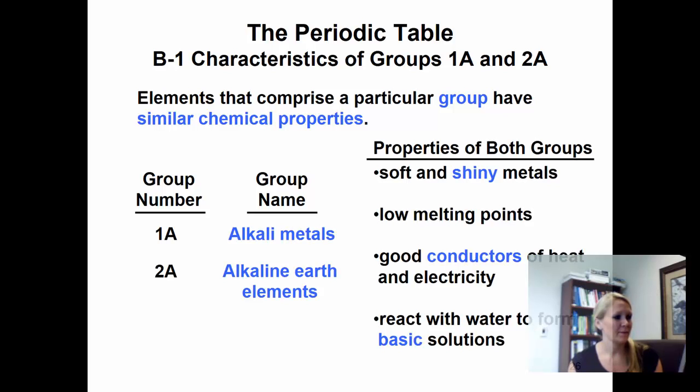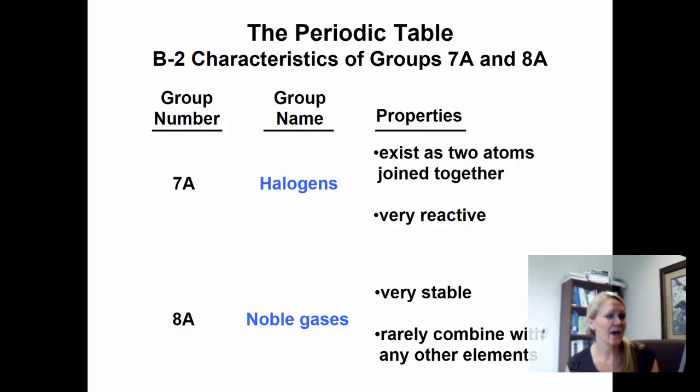The alkali and alkaline metals, they are metals, so they are soft, shiny, low melting points, good conductors of heat and electricity. They also react with water. Halogens are very reactive, and so we'll learn more about why that is with their bonding patterns later.